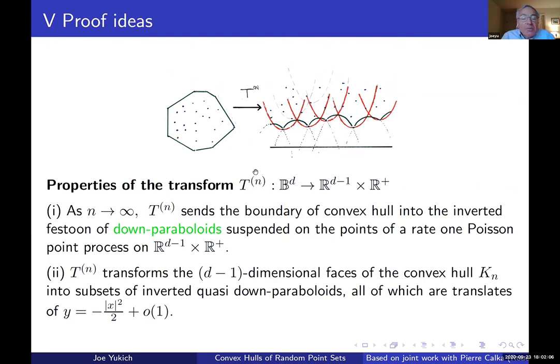It transforms the d-1 dimensional faces of the convex hull, namely the facets, into subsets of these inverted quasi-down paraboloids. So in dimension 2, this edge is sent to this piece. In higher dimensions, a face is sent to a subset of the down paraboloid in this picture.